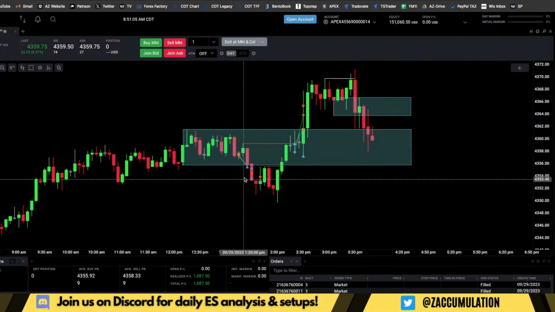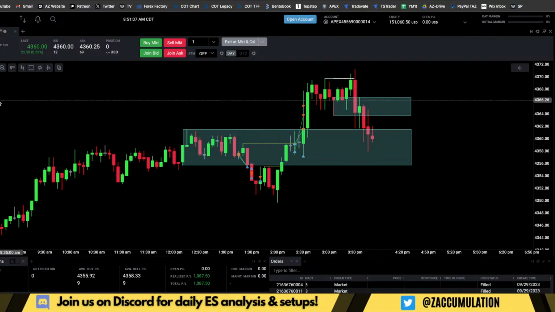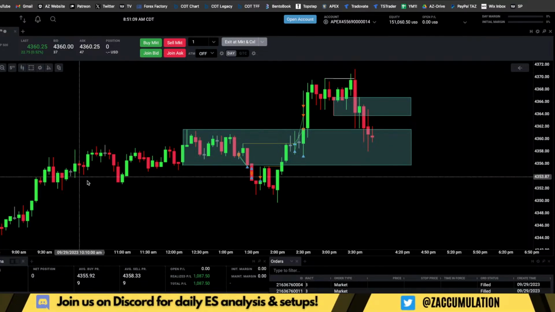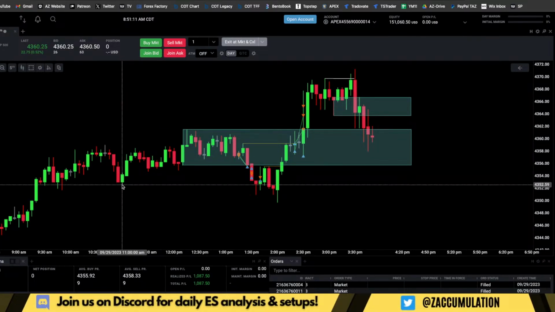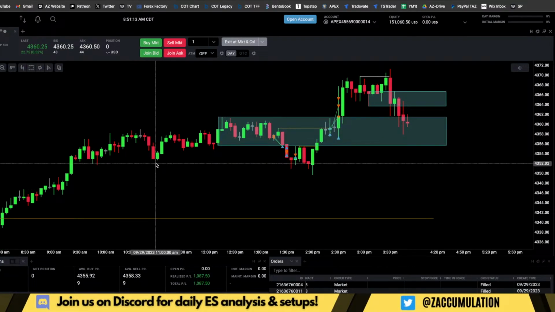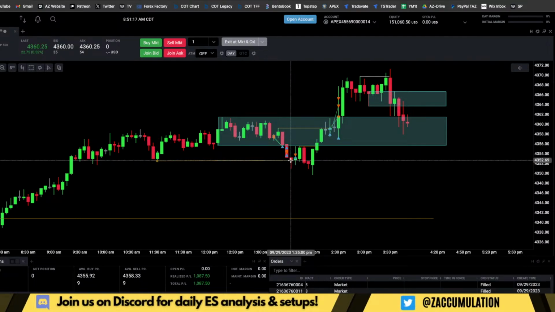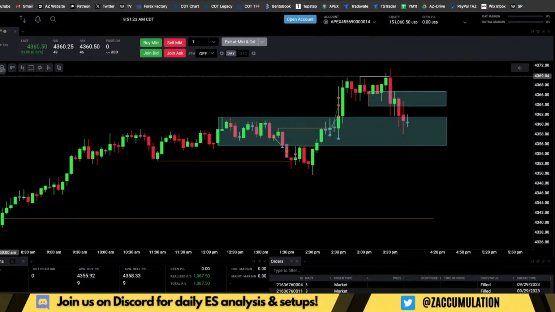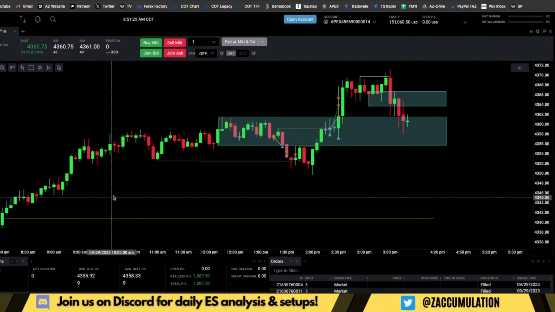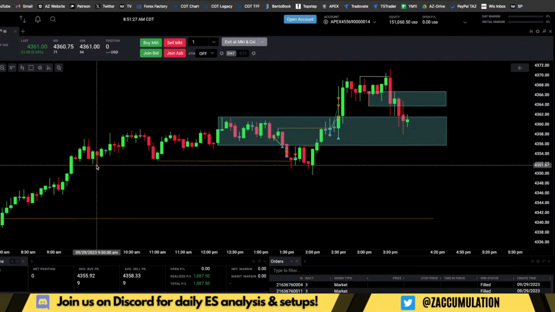We have this breaker block from this market structure shift after having cleared these lows. Right here, we swept this low and we swept this short-term low.